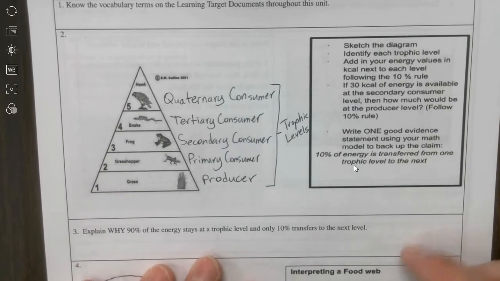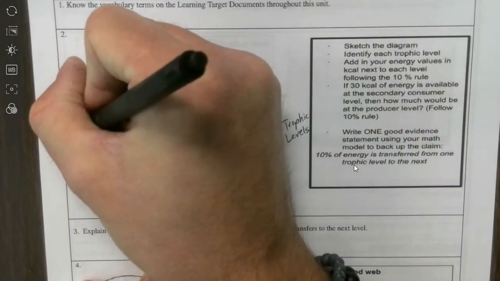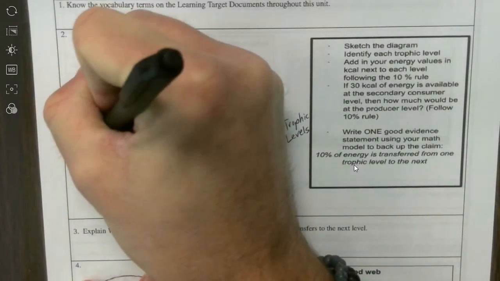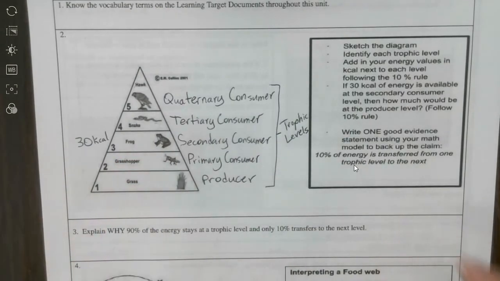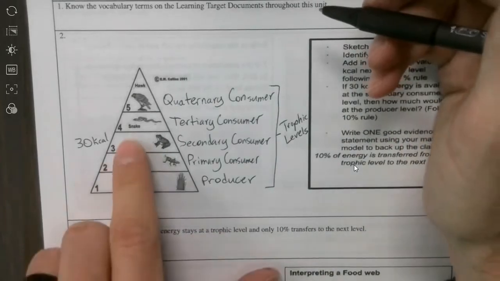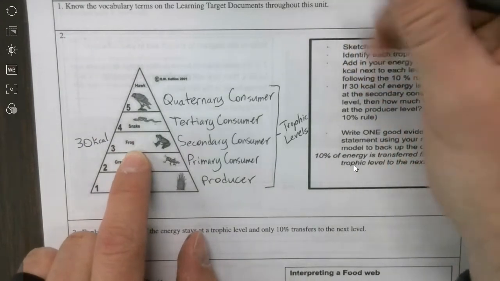Now with the values. Let's say for the frog here, that when the frog eats the grasshopper, it gets 30 kilocalories of energy. If we're following the 10% rule, how much energy would the snake get from the frog?